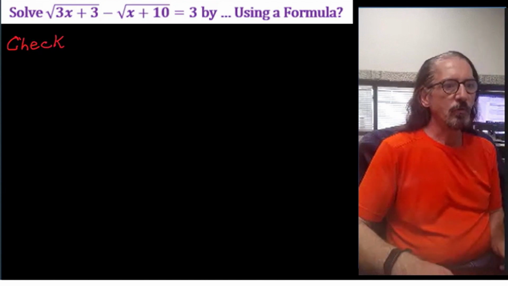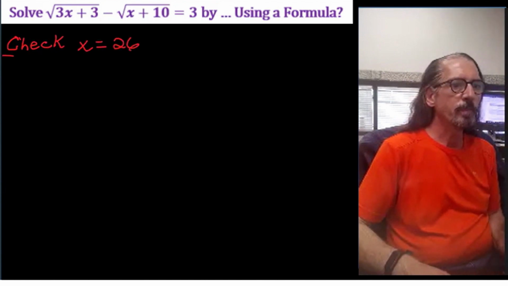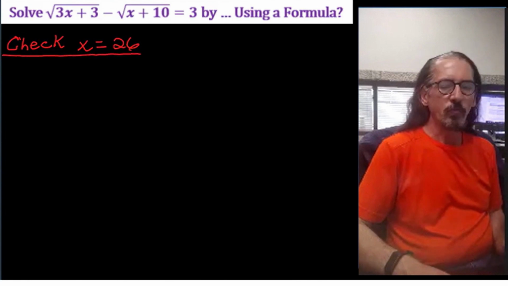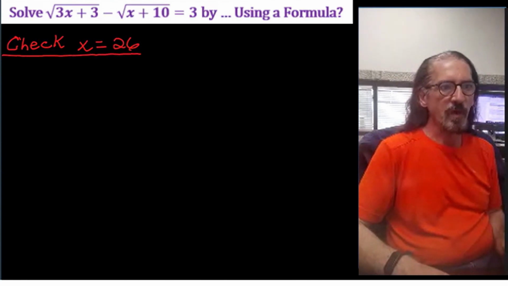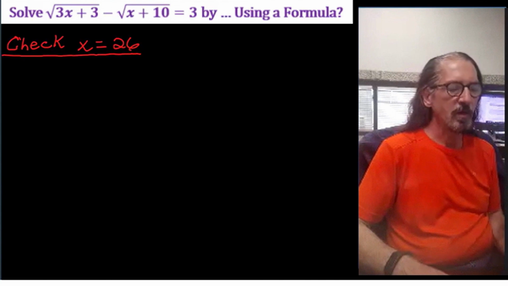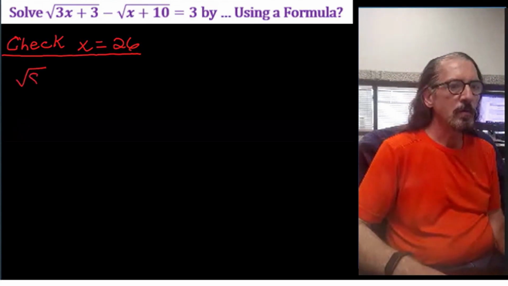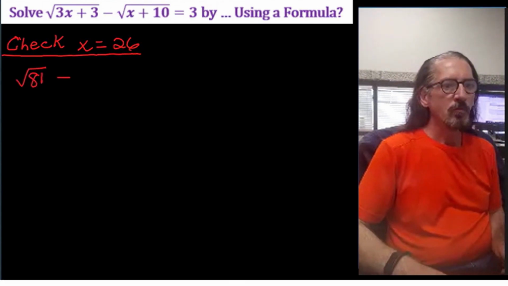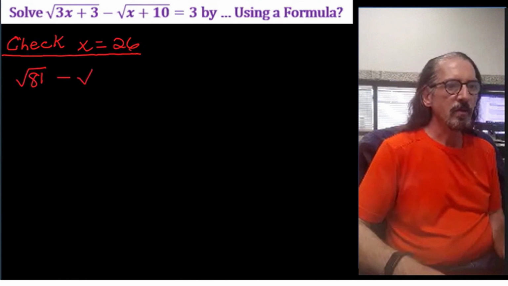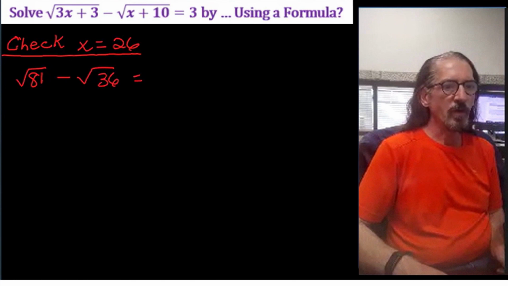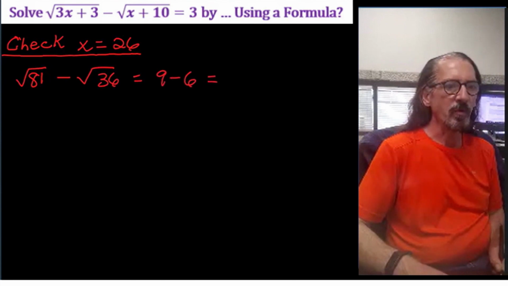Checking the first solution, 26. 3 times 26 is 78. 78 plus 3 is 81. 26 plus 10 is 36. So we have square root of 81 is 9. Square root of 36 is 6. 9 minus 6 equals 3. That checks out.